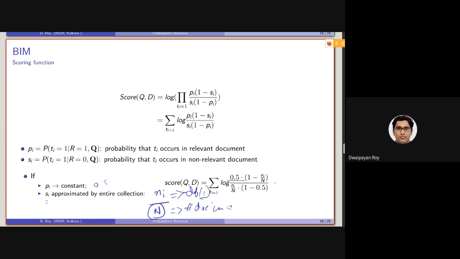Following this, we'll end up with this. If we do the maths, you can understand this part and this part will cancel each other. This denominator N will also cancel. So finally, we'll end up with capital N minus Ni, which is the document frequency of i, divided by Ni. Okay.